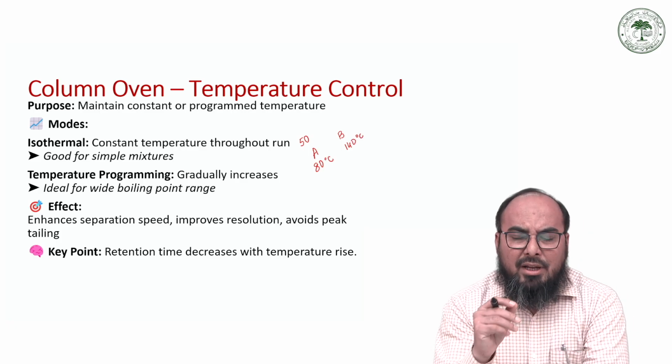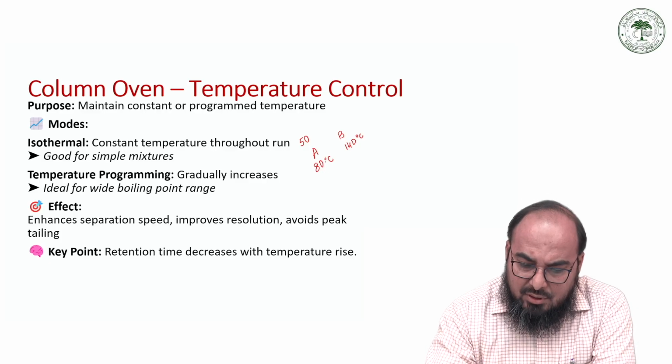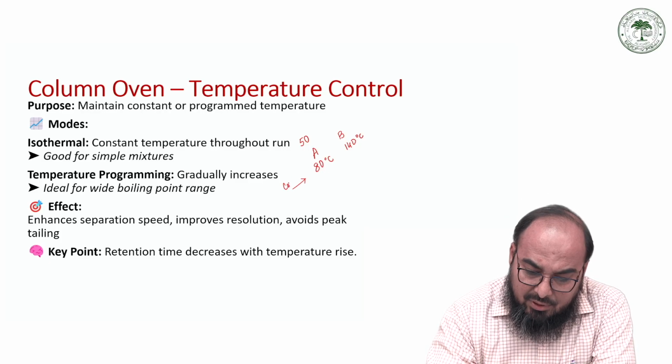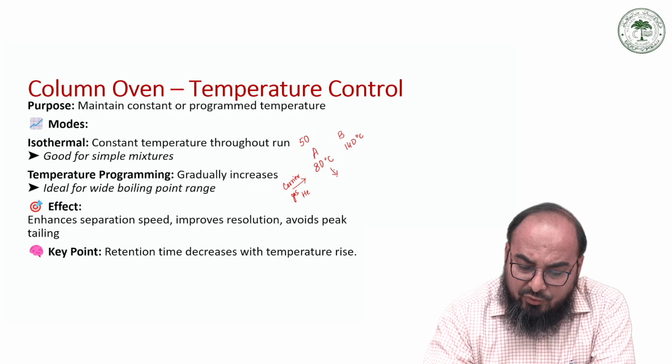Now simply what you have to do, you have to run your sample, this is actually a mixture, when you mix it with your carrier gas, for example, let us suppose it may be helium, then it is going to elute first.